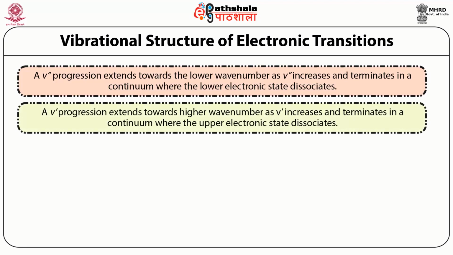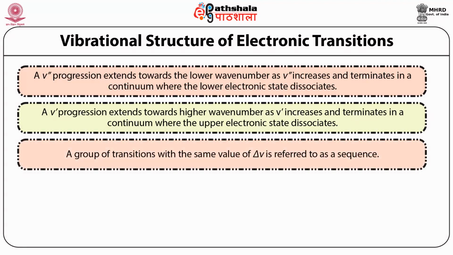A ν' progression extends towards higher wave number as ν' increases and terminates in a continuum where the upper electronic state dissociates.